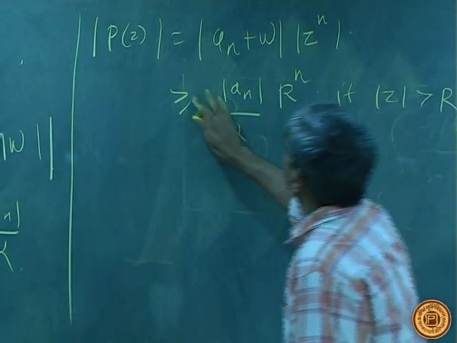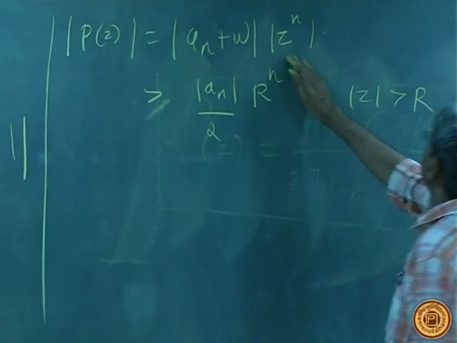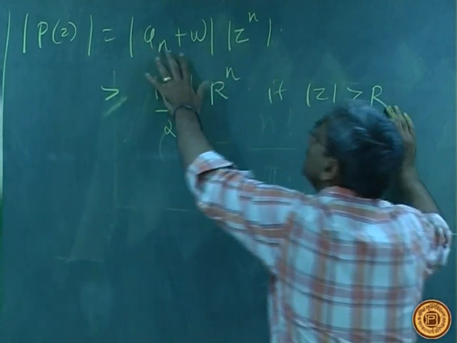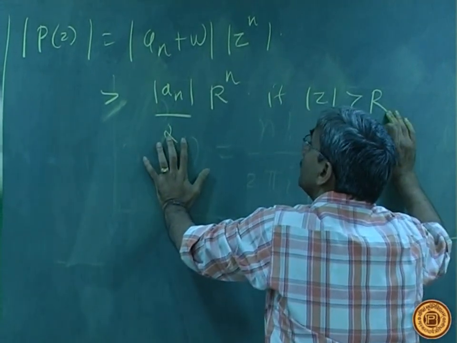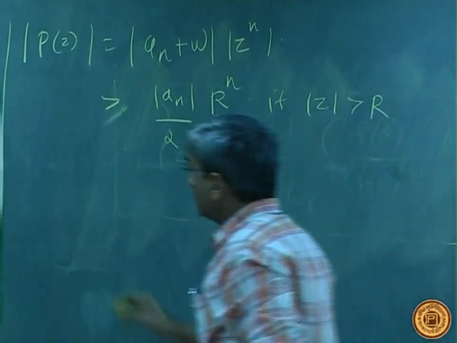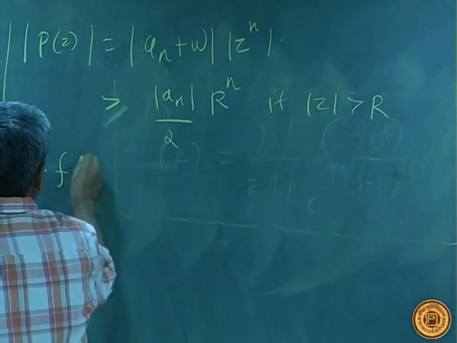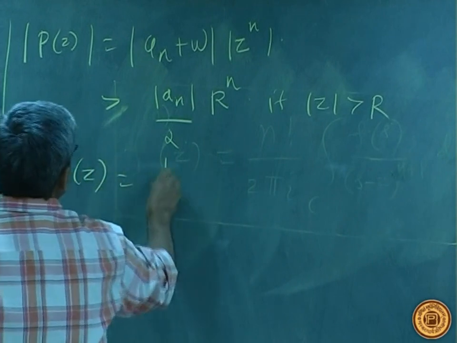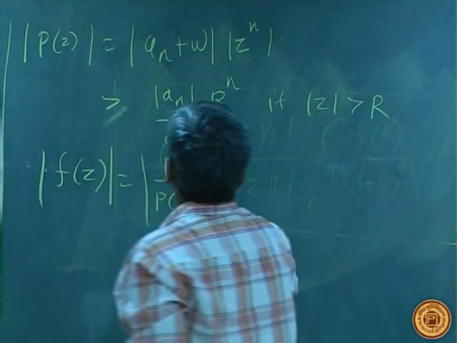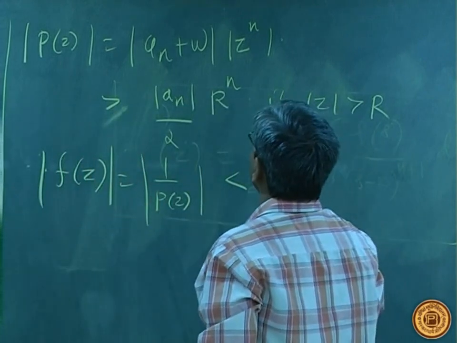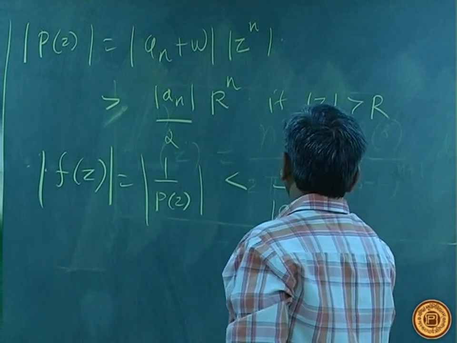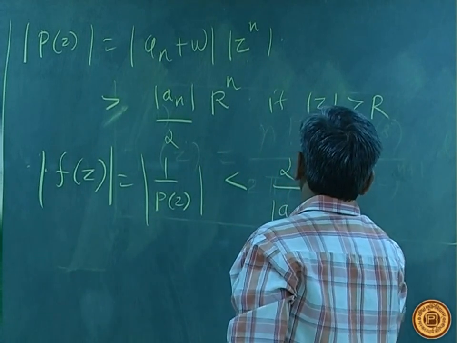In fact you may write strictly bigger because mod z is strictly bigger than r. So if mod z is bigger than r, this is already bigger than mod an by 2 and this is bigger than r to the power n. And then therefore fz, which was 1 upon pz, its mod is less than 2 upon mod an into r to the power n.